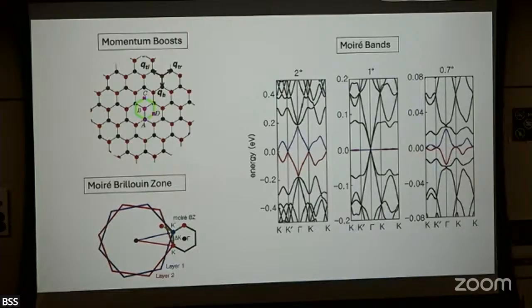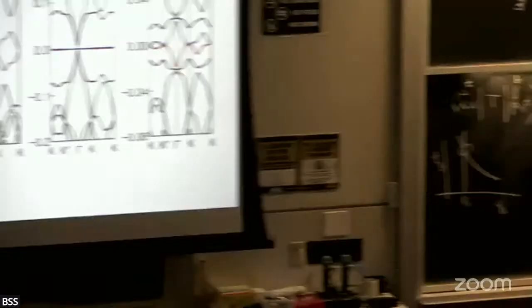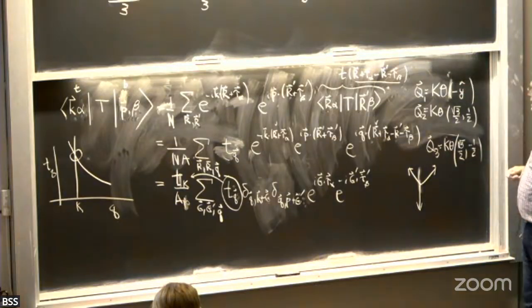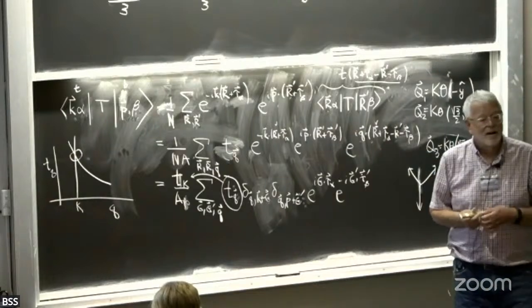And if I take advantage of the fact that this hopping function is likely to be smooth on a Moire scale, then I can pick out the three dominant processes, which in this gauge are three momentum boosts for hopping from one layer to another, which are three equal magnitude, small wave vector boosts, proportional to twist angle, that describe the pattern of tunneling from one layer to another.